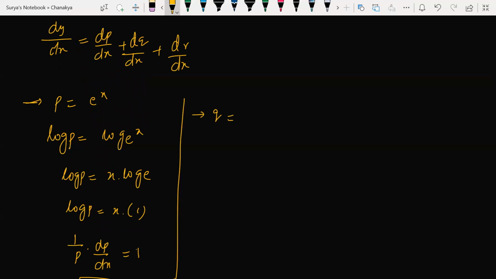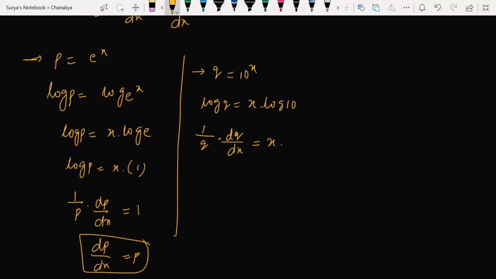Next we'll talk about q is equal to 10 to the power of x, right? So log q is equal to x into log 10. Correct? So d by dx of log q is what? Differentiated with respect to x, 1 by q into dq by dx is equal to x into d by dx of log 10.